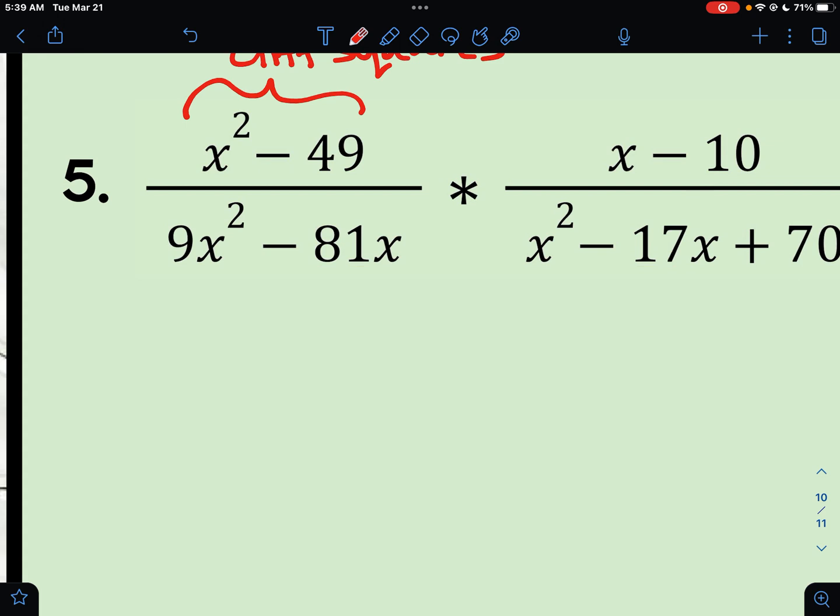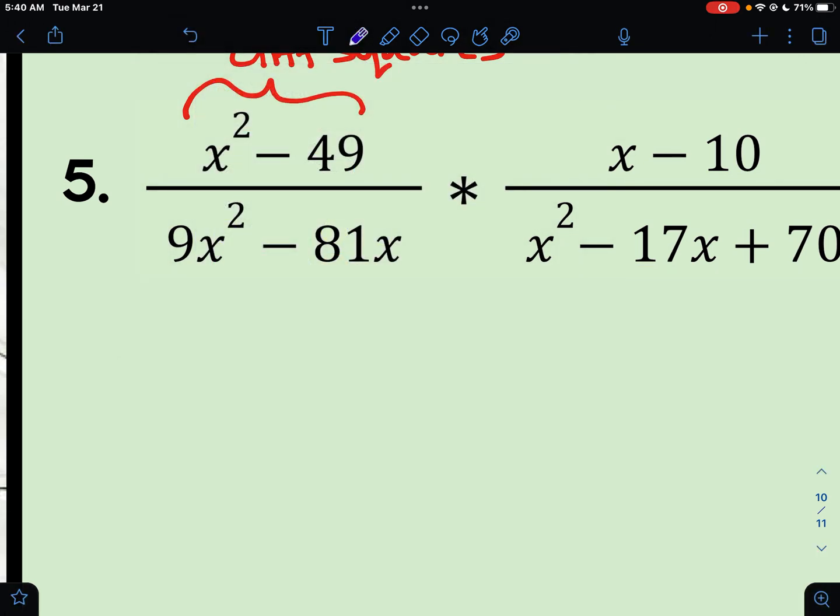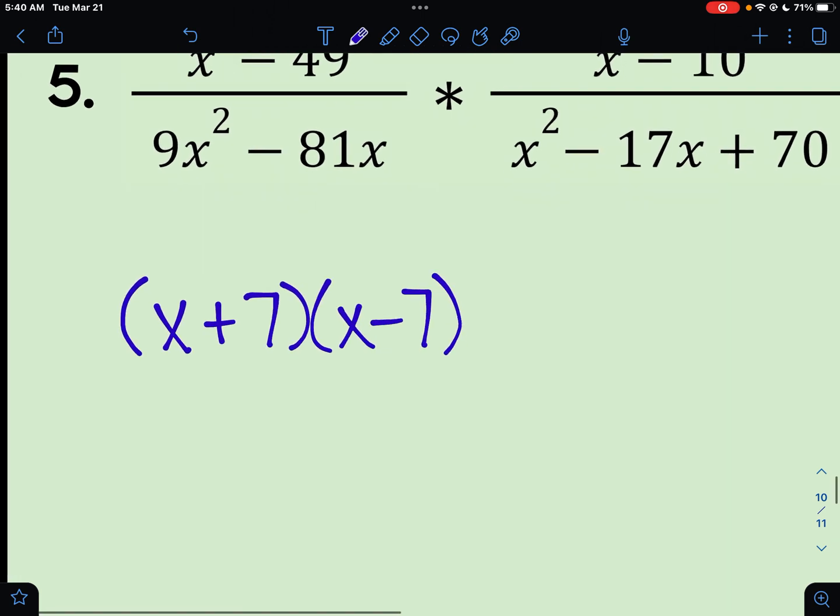And 9, okay, so this is almost difference of perfect squares downstairs, but this 81 has an x on it, so that's not difference of perfect squares.